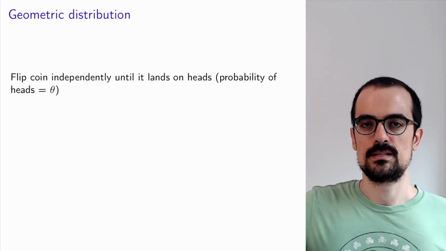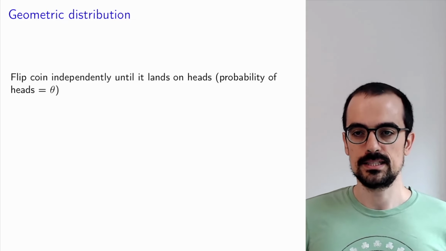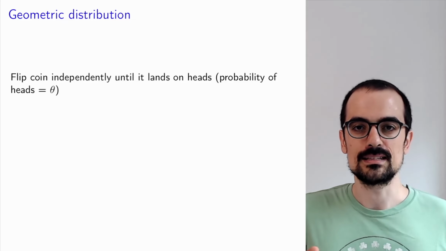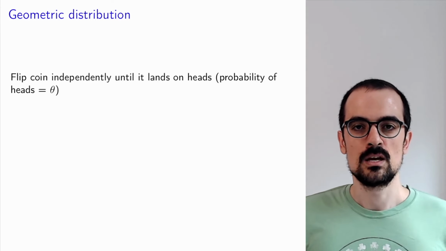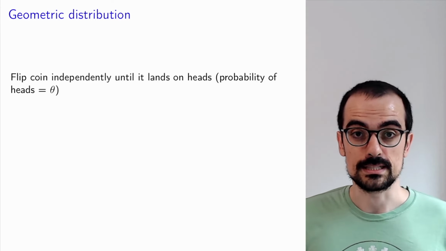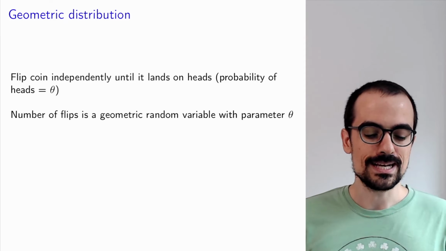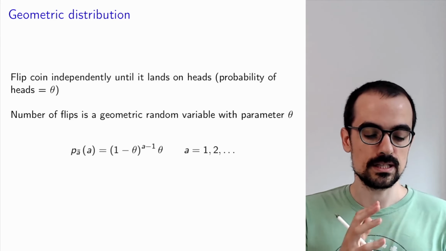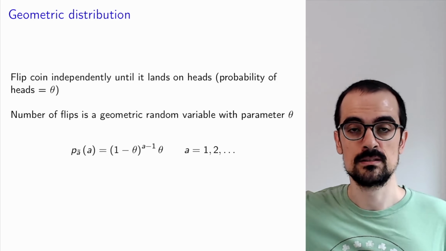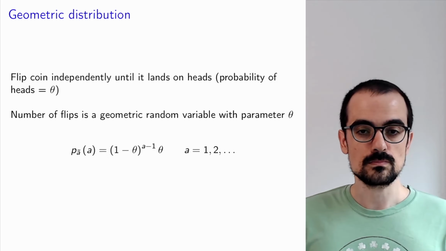What if you flip a coin independently until it lands on heads? And again, the probability of each flip is theta and all the flips are independent. Well, the number of flips that you need to get a head is going to be a geometric random variable with parameter theta, and it's going to have this formula that we're also going to derive in a following video.